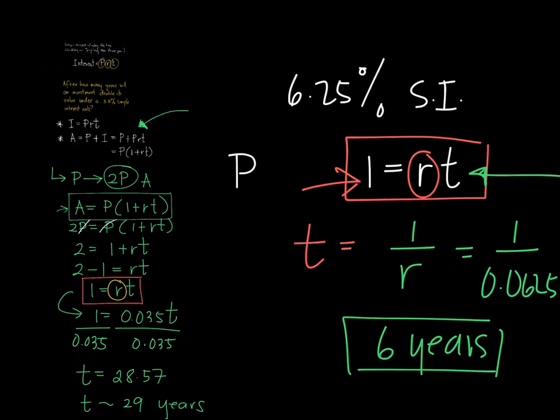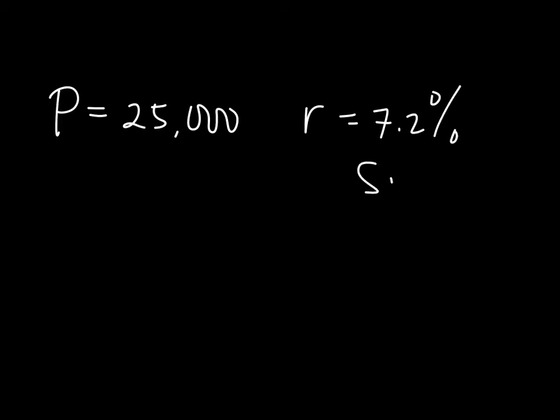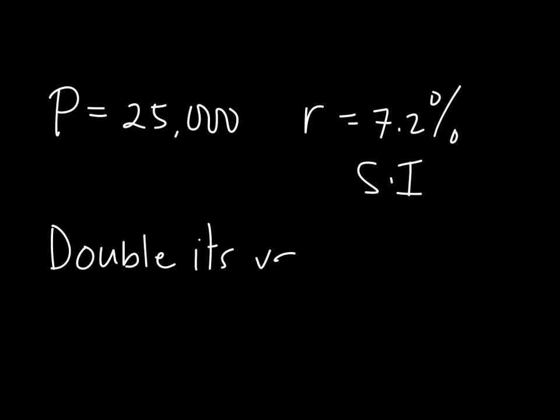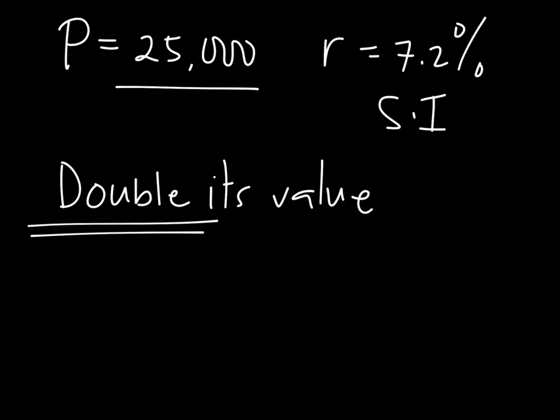What about if you're given an exact amount? Suppose the principal amount is 25,000 and the rate is 7.2%, under simple interest. The question is, when will it double its value? To double its value, you need a future value equal to 25,000 times 2, which is 50,000.